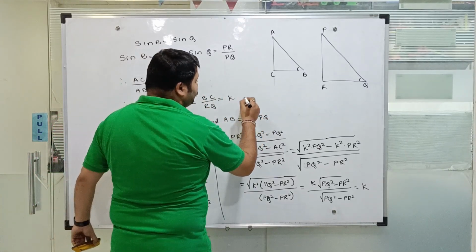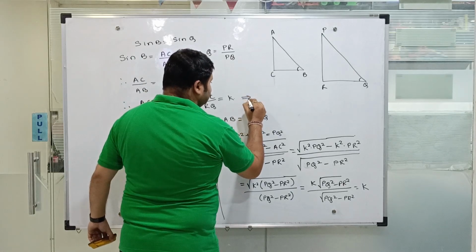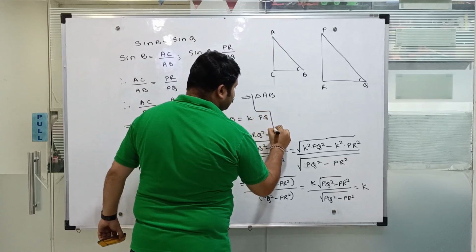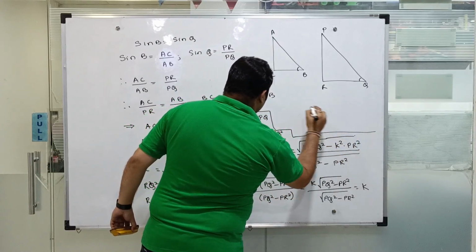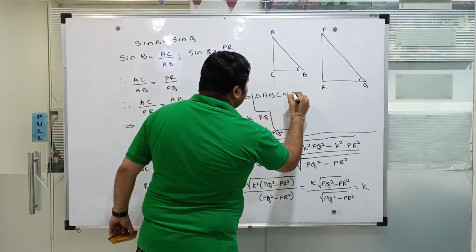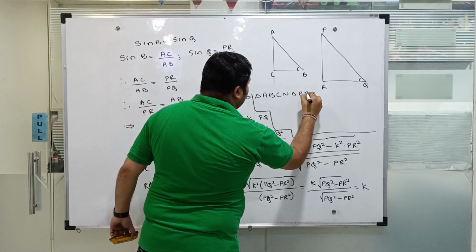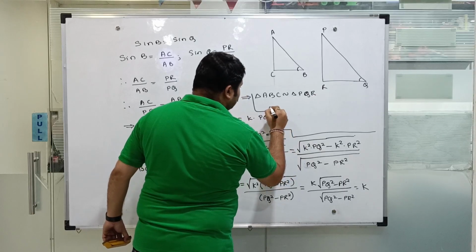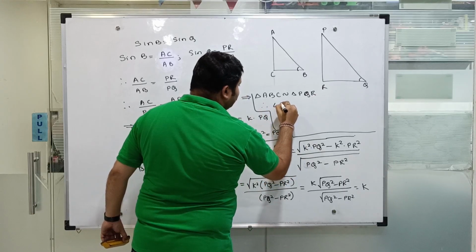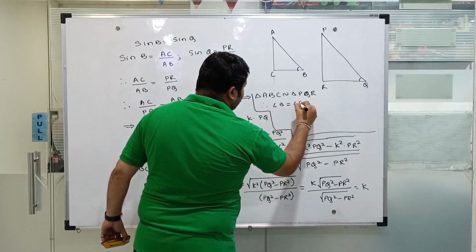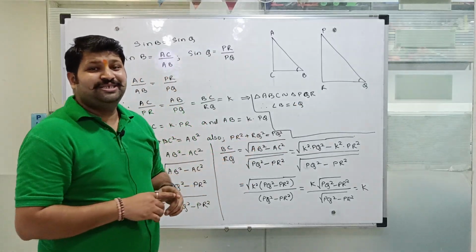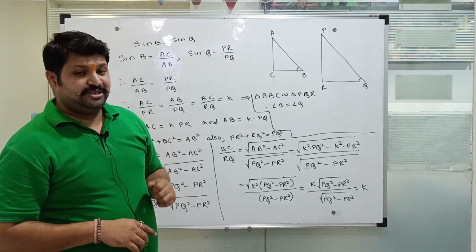So this will imply that triangle ABC is similar to triangle PQR, and therefore angle B is equal to angle Q.